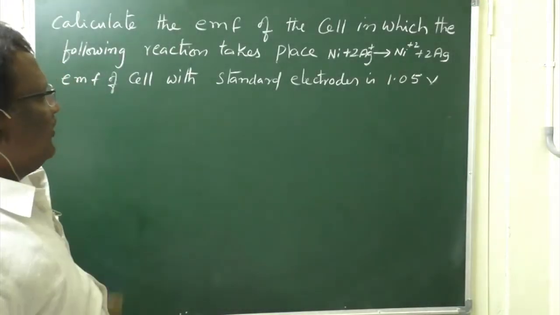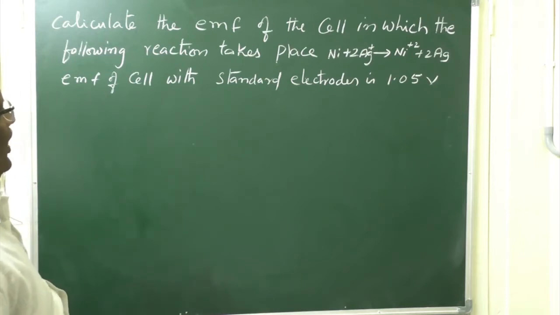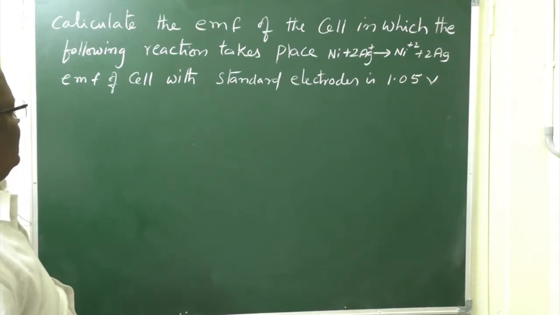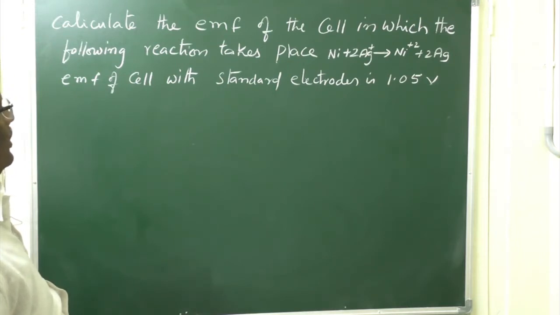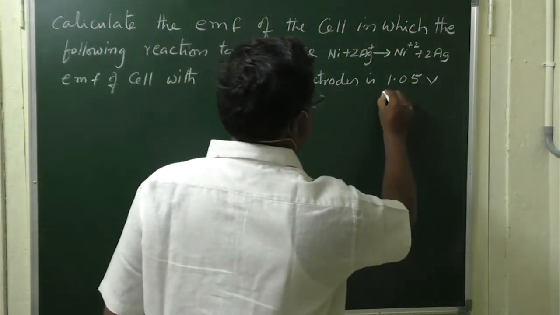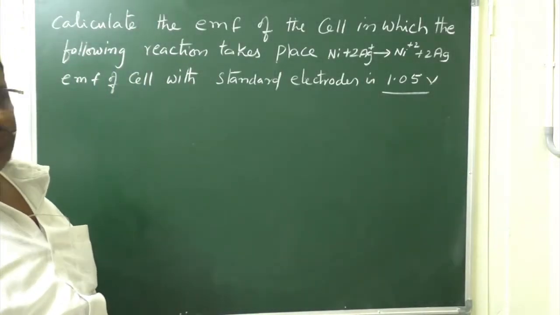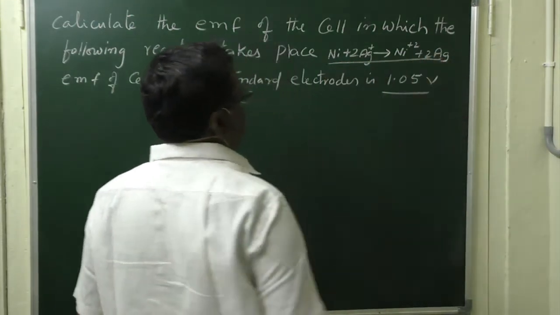Calculate EMF of the cell in which the following reaction takes place. Nickel plus 2 Ag+ gives nickel 2+ plus 2 Ag. EMF of the cell with standard electrodes is 1.05. So here they are giving the EMF of the cell when standard electrodes are used, and here the cell reaction was given.